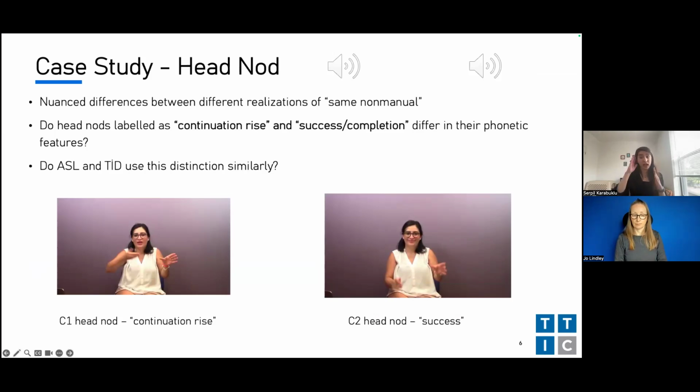I hope you were able to catch the difference, but there are nuanced differences between these two movements. And I'm curious if these two differ in their phonetic features. And remember, we have both American signers and Turkish signers. Do they use it distinctly or similarly?